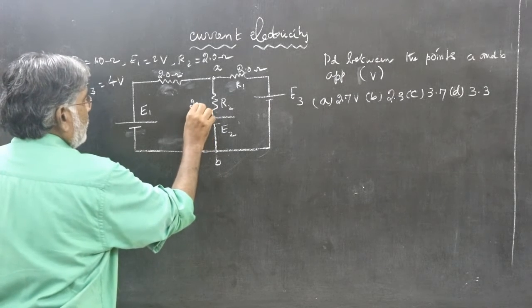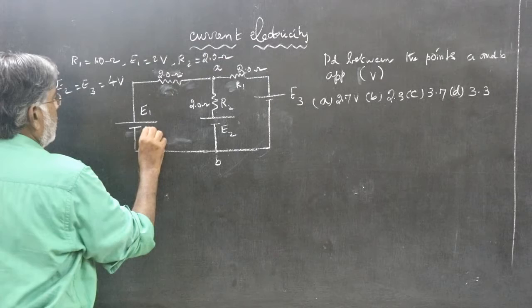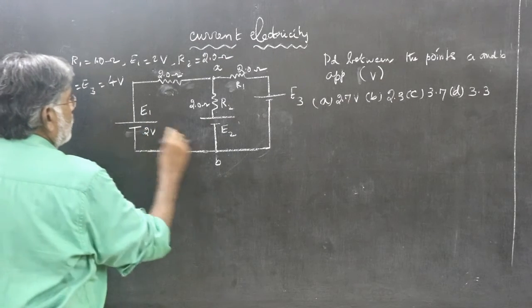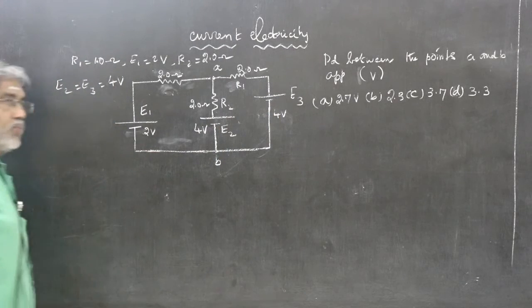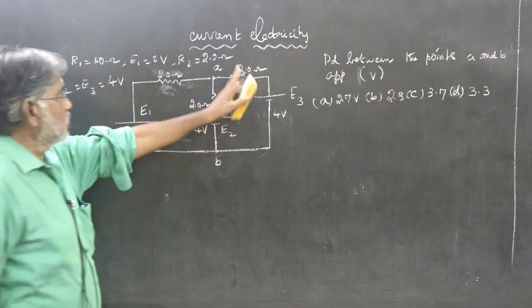R2 by itself 2 ohm. E1 given to be 2 volt. E2 equal to E3 equal to 4 volt. Okay. Now E3 is also 4 volt here. This is 2 ohm. Right.